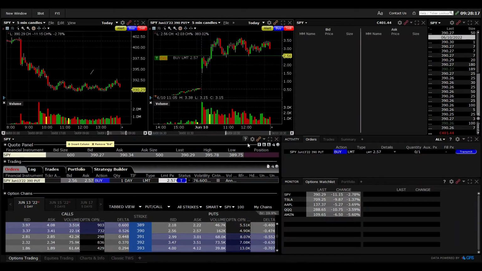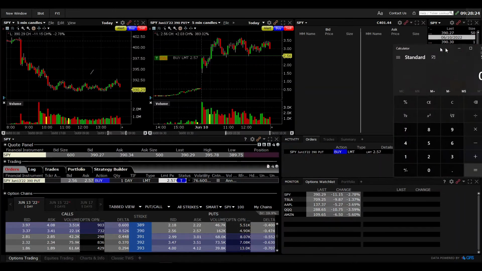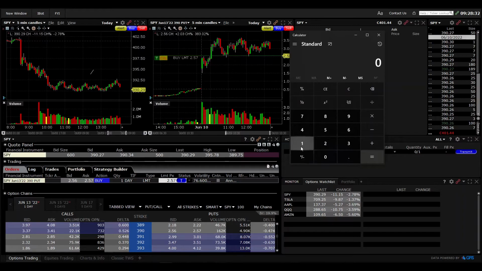So $1.10, and if we look at the delta here, was roughly 47 cents. So if we can grab our calculator here, 110 divided by 250, and we got a 44% gain there.